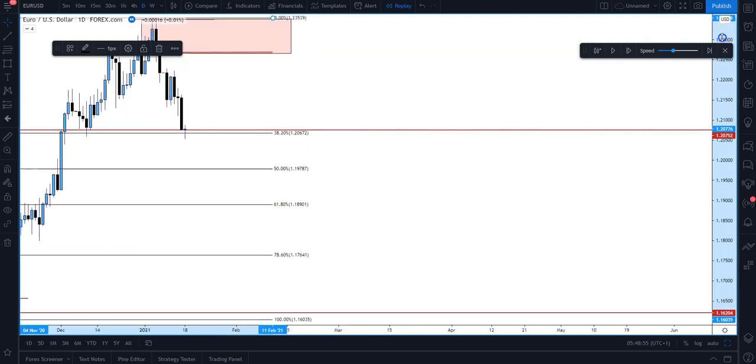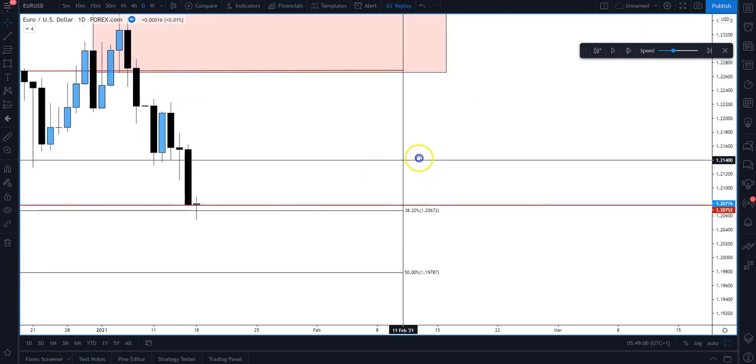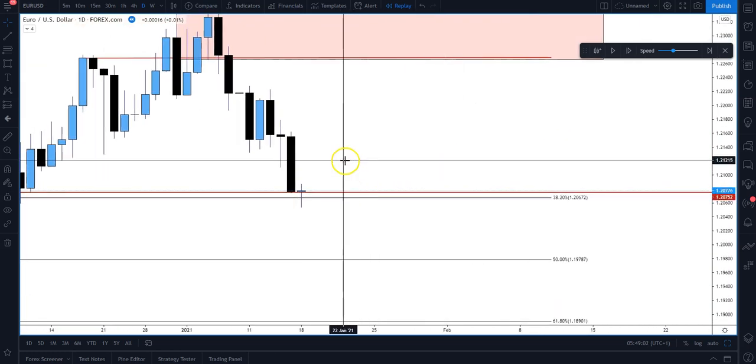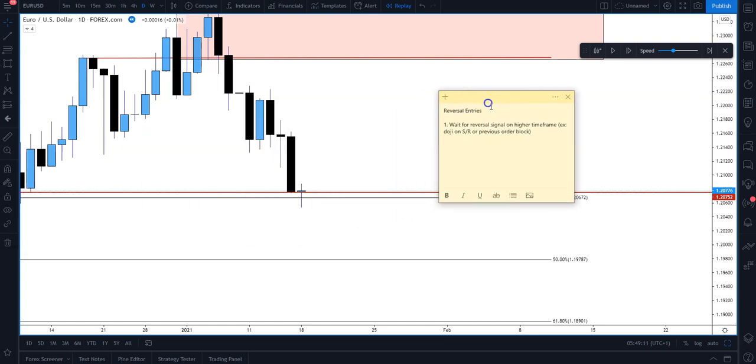So now what we do, we go back to what we were taught before. If we follow the reversal entry, wait for a reversal signal on a higher time frame.